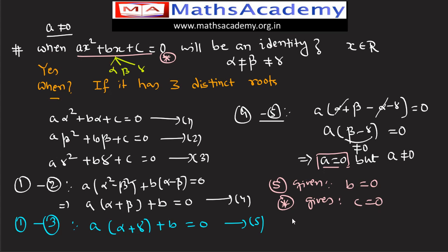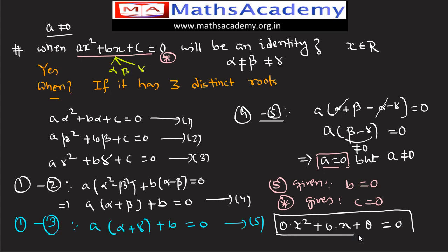So now I have this kind of equation: 0 into x square plus 0 into x plus 0, which is equal to 0. So whatever the value of x you put here, it will always be 0, because 0 into any finite quantity is always 0. So now this will become the identity. So if the quadratic ax square plus bx plus c is equal to 0 has three different roots, then it is an identity.